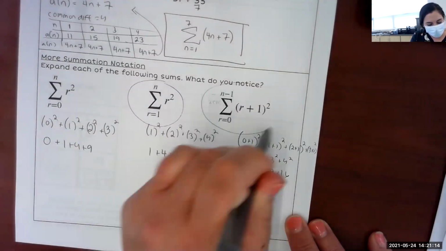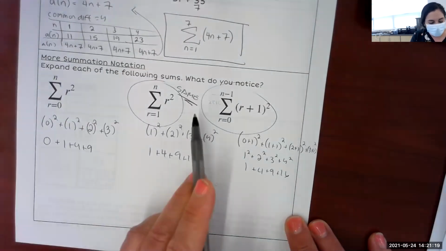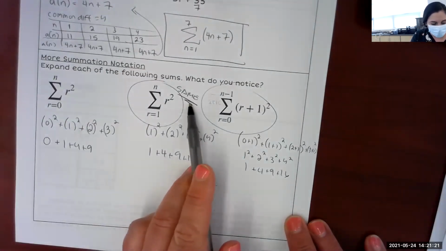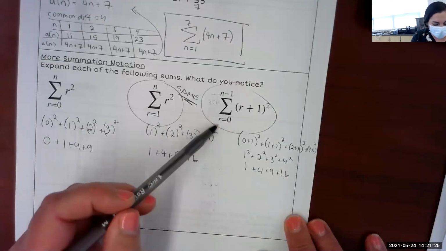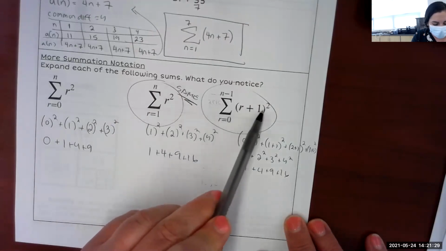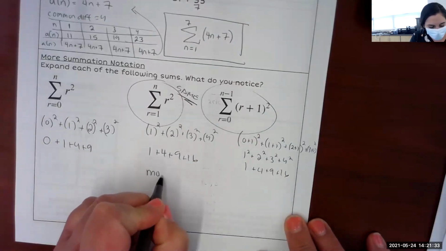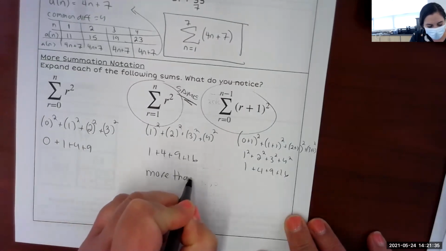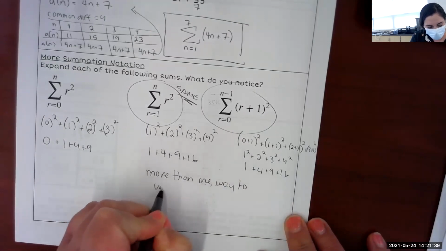This and this are basically giving you the same thing. It's just that we're shifting everything to the left one. We're starting at 0 instead of 1, and then the formula is r plus 1 squared, right? So the takeaway is that there's more than one way to write a summation notation.